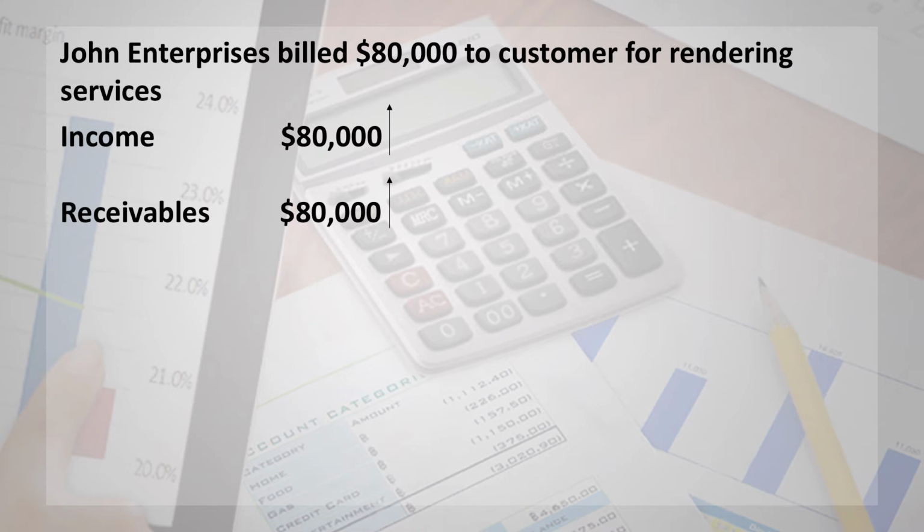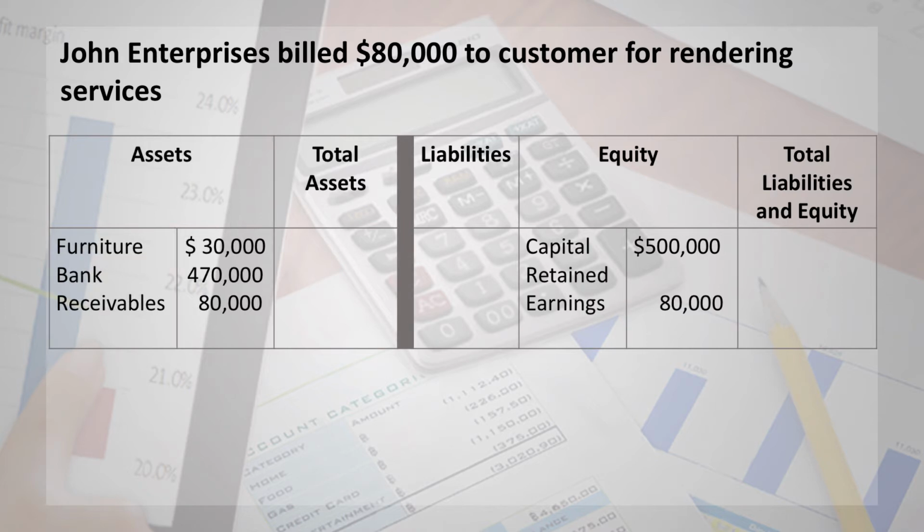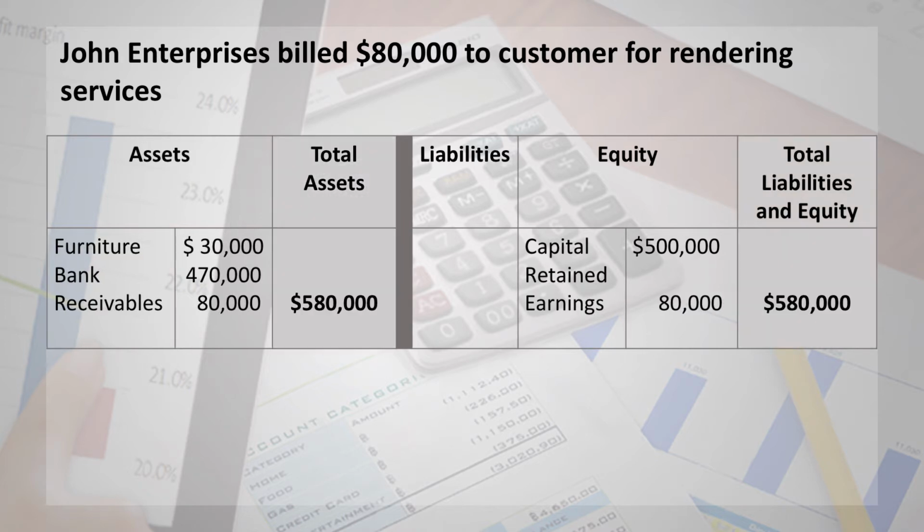Both the income and the receivables have to enter the balance sheet in some place. Where do we record it? Receivables are assets and hence go into the asset account. And income is part of the retained earnings, which is again part of the capital, and therefore 80,000 gets into the retained earnings of the balance sheet.